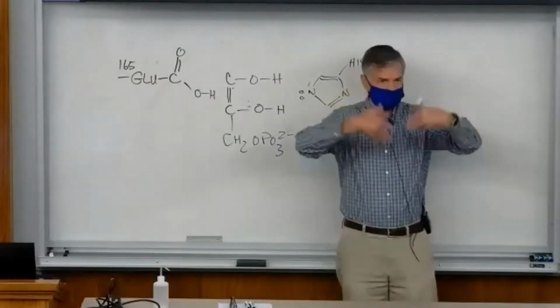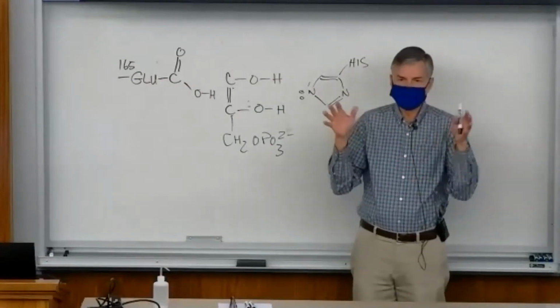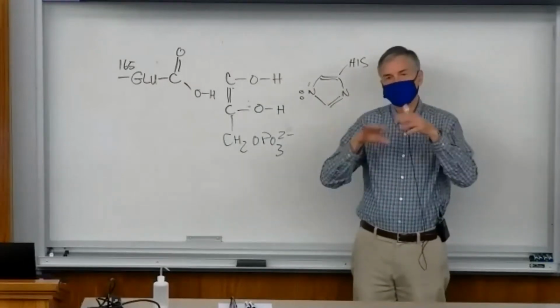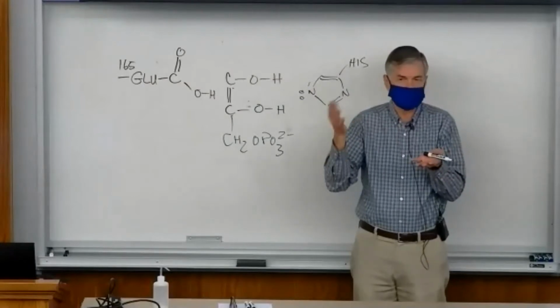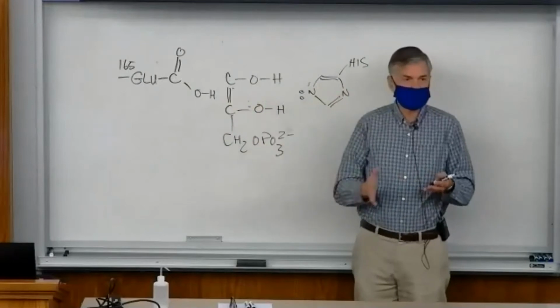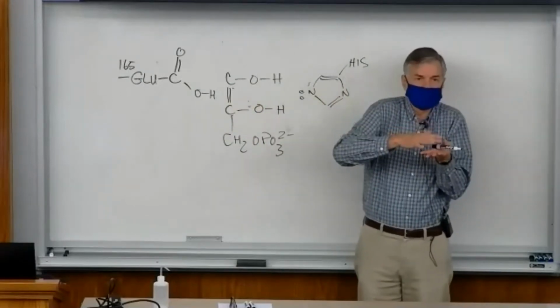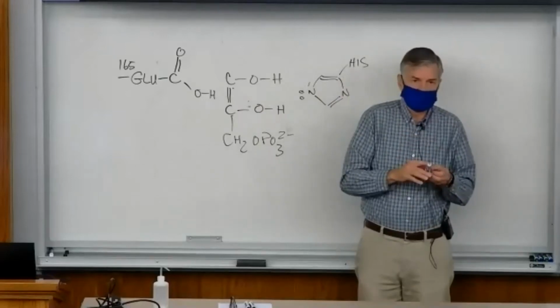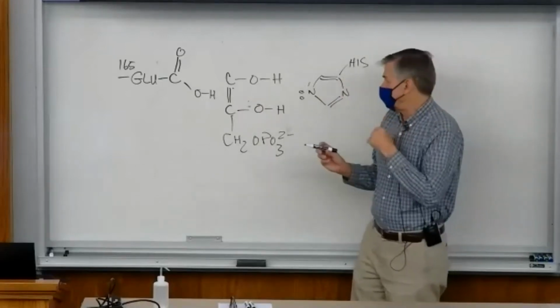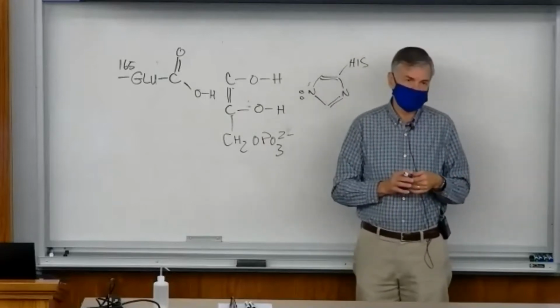It has, in that alpha beta barrel, a flexible 10 amino acid flap. Okay, it is a piece of the protein that after the substrate binds will actually overlay the substrate. And it holds it in a planar orientation.